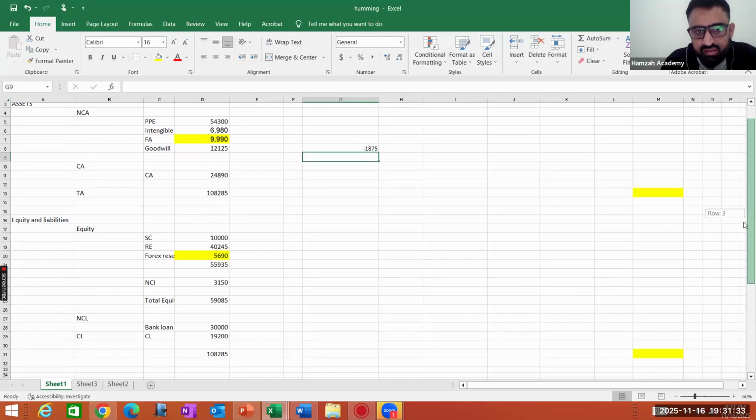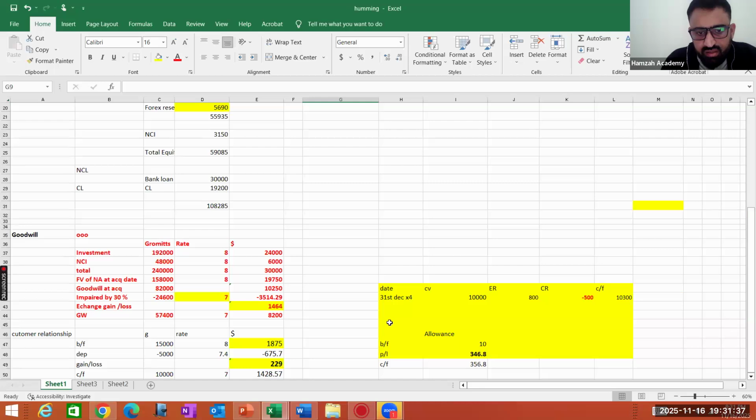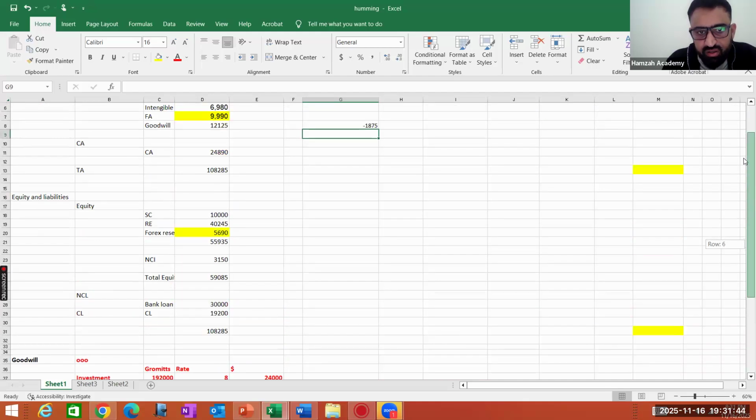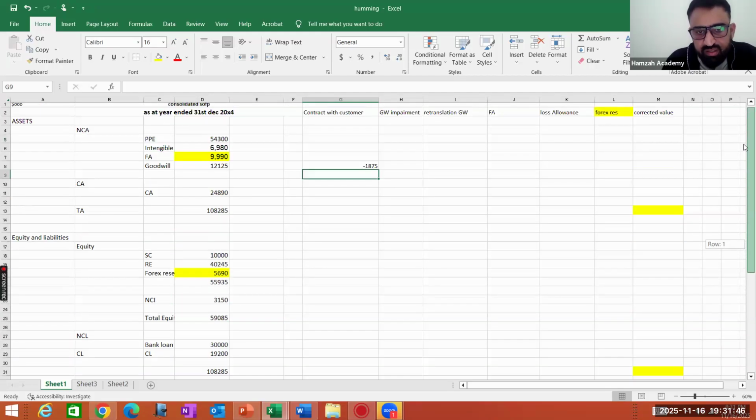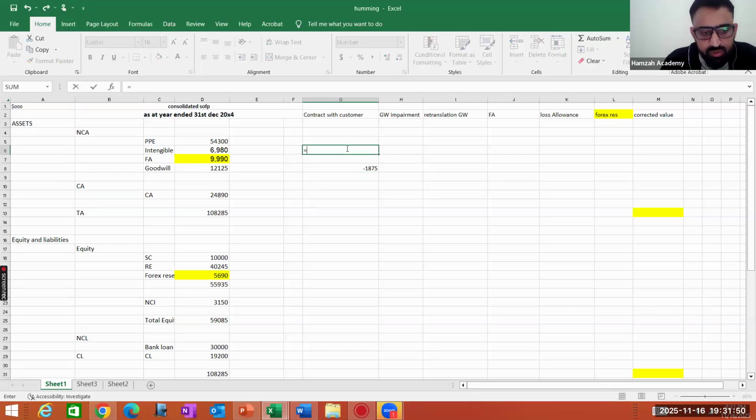So we recognize the asset at the date of acquisition of 1875. So the intangible asset is debited with 1875 and goodwill is credited.